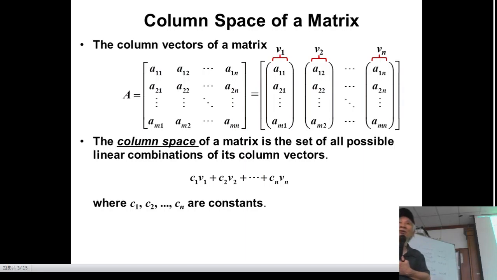So we have 3 columns. One is 1, 0, 0. The second one is 0, 1, 0. The third one is 0, 0, 1. Then those 3 columns will create our column space. That's our universe space without counting time. I didn't talk about time yet. So our geometric space will be created by these 3 different columns. Agree?